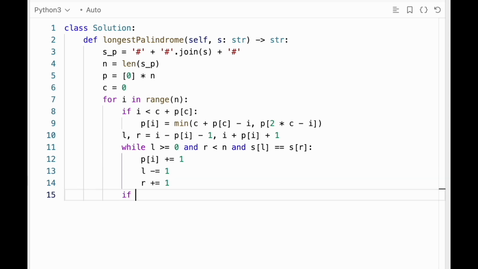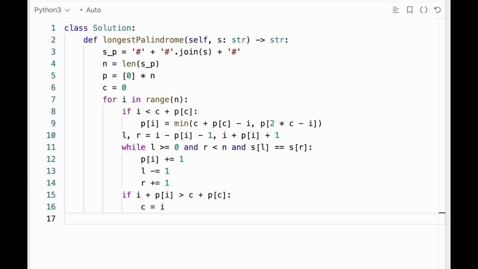Next, we check if the rightmost character of the current palindrome is greater than the rightmost character of the previous palindrome. If that's the case, we set c equal to I, and we continue this for all the characters. Once we are done, we check the maximum length of all the characters.